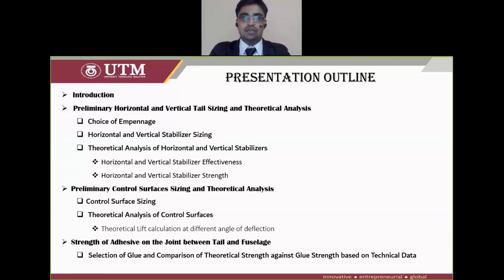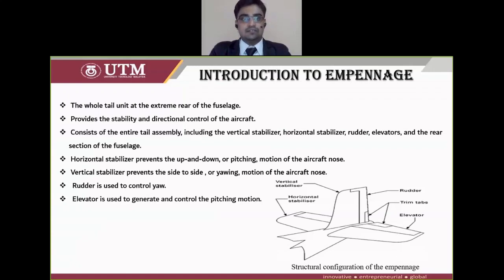In this presentation, I will be covering the empennage analysis, which comprises an introduction, preliminary sizing for the horizontal and vertical stabilizer, as well as the control surfaces attached to it, with their respective theoretical analysis. Besides that, I will explain the strength of the adhesive on the joint between the tail and fuselage.